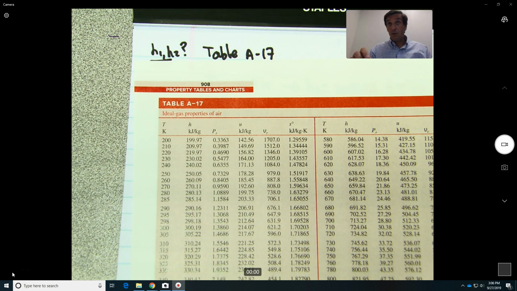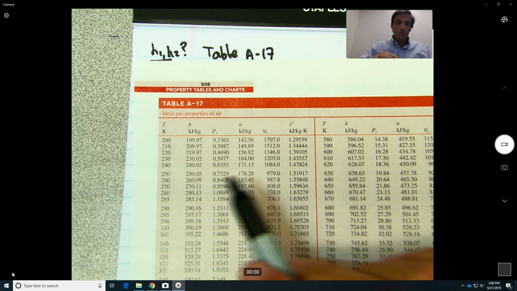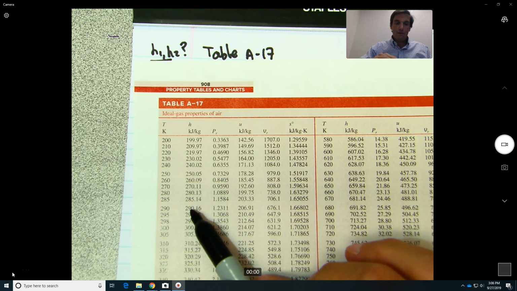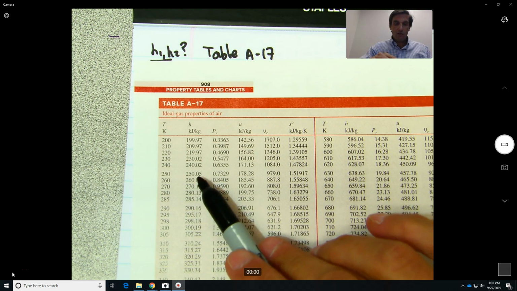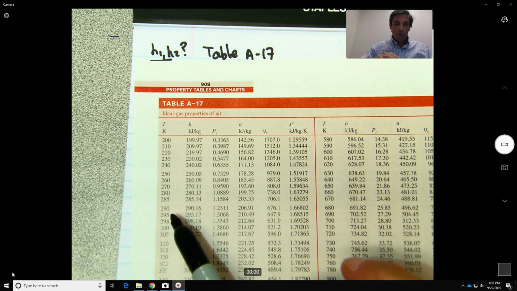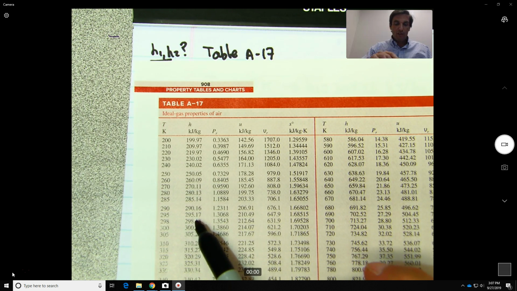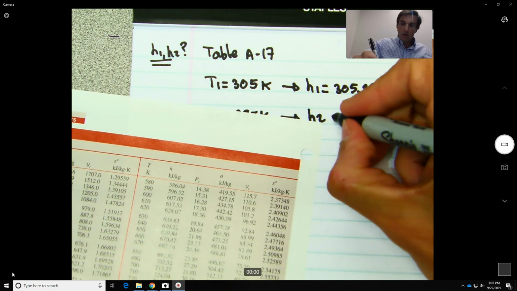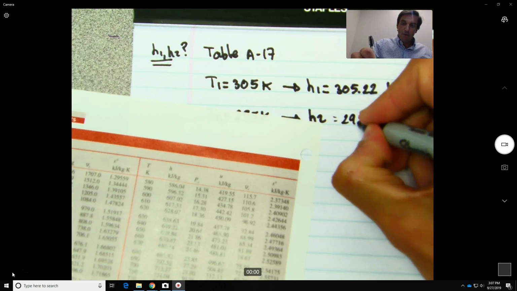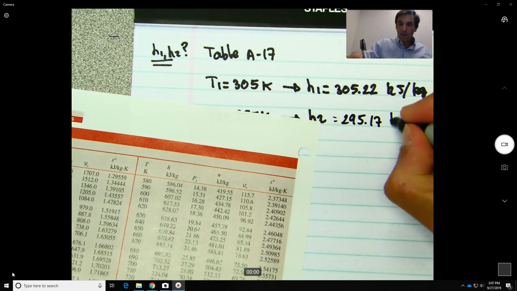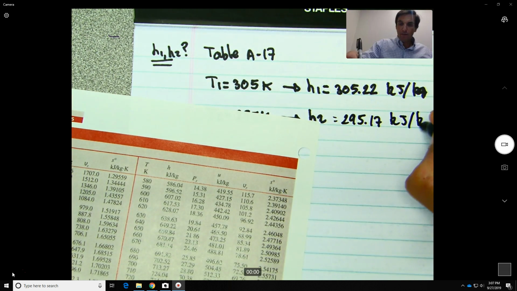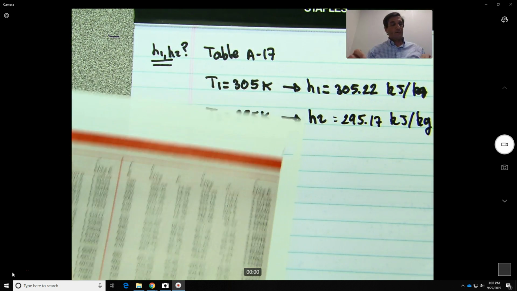Okay? So H2 is 295.17 kilojoules per kilogram. All right.